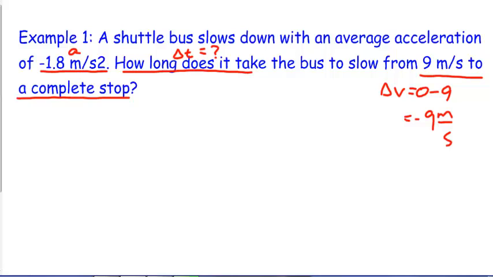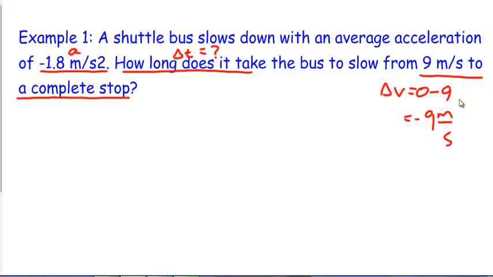I hope you underlined what I did. I have negative 1.8 meters per second squared. That's an acceleration. I have a delta t equals question mark because it's asking how long. And delta v is the final minus the initial velocity.